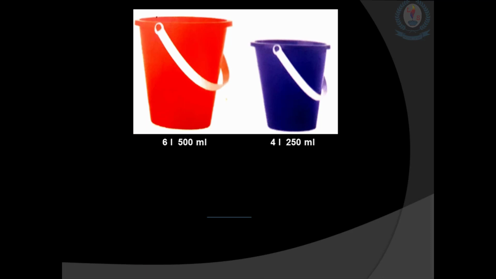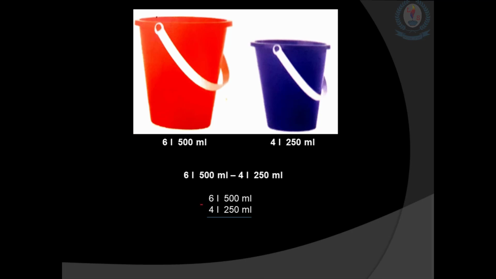We want to find the difference in capacities between the two pails. To find a difference, we want to subtract. So let's write the subtraction sentence like this. 6 liters 500 milliliters minus 4 liters 250 milliliters. Let's write it in the vertical way like this.